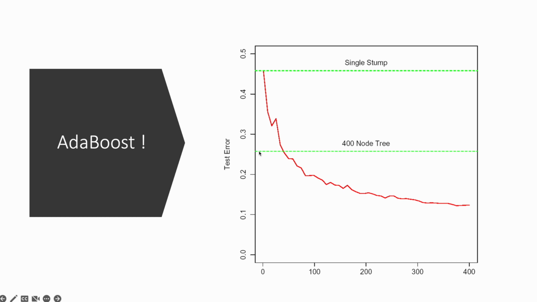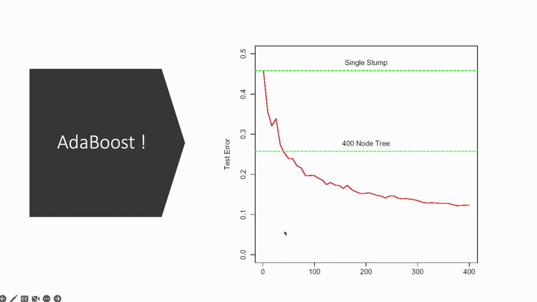Okay. Now, what is this red line? The red line is our boosting algorithm, right? Adaptive boosting. If I do adaptive boosting, on the x-axis, if you see, this is the number of iterations or the number of models I'm building.